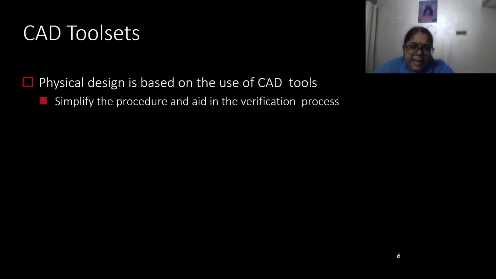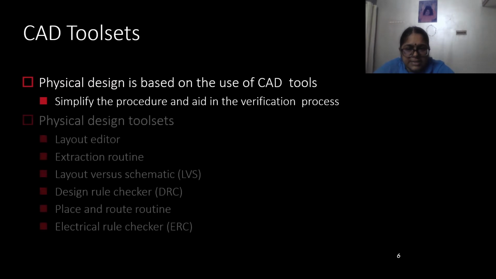Physical design is based on the use of CAD tools. I hope you know the different types of CAD tools. What are the different types of CAD tools which are available? Some of them are Synopsys tools, Cadence, Mentor Graphics, Microwind, Tanner tools, etc. These CAD tools simplify the procedure and aid in the verification process.